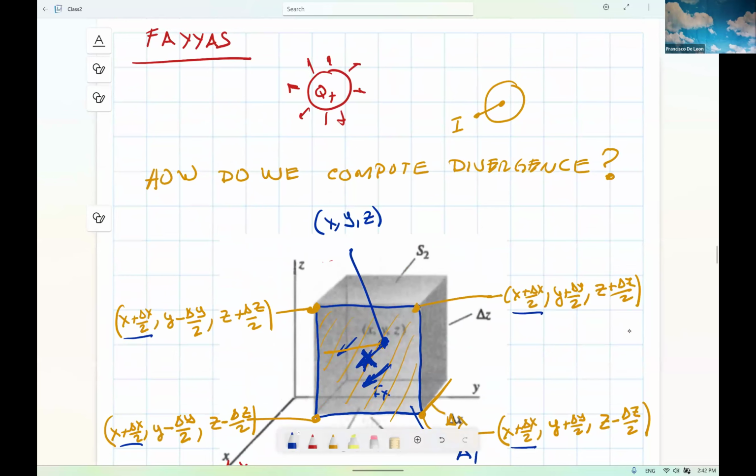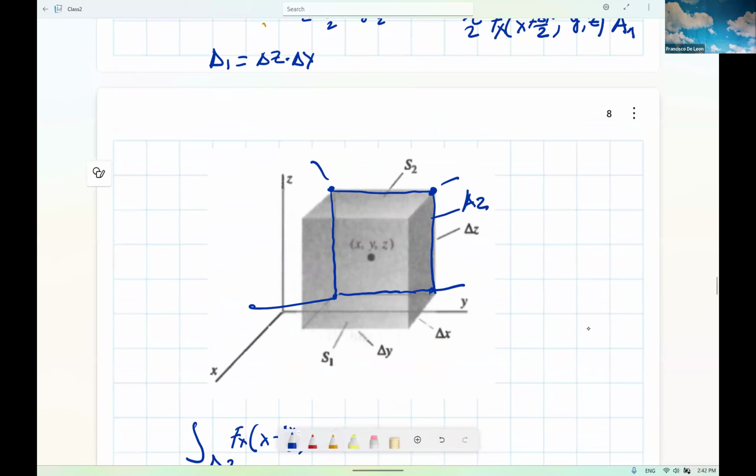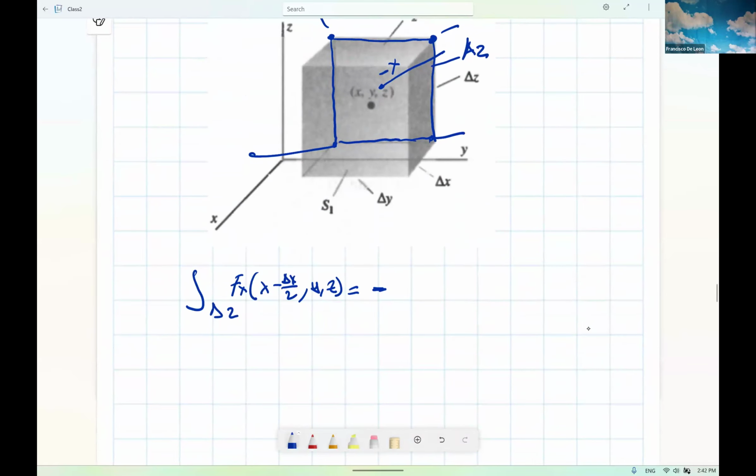So this one is positive x, and the direction of the area over there is negative x, right? So it will be the negative of the same integral. It's the same thing, but now with different limits. Minus delta z by 2 to plus delta z by 2, and then y minus delta y by 2 to y plus delta y by 2.